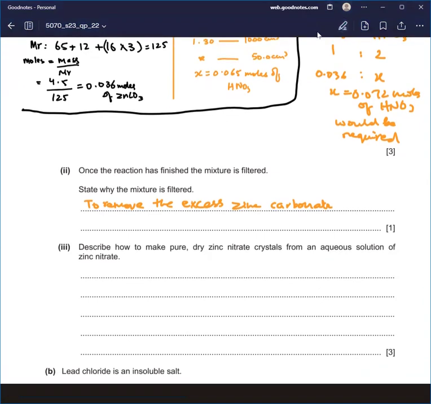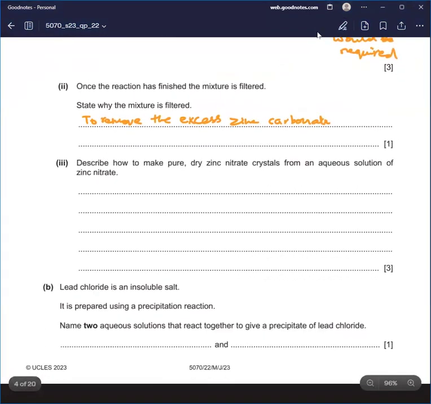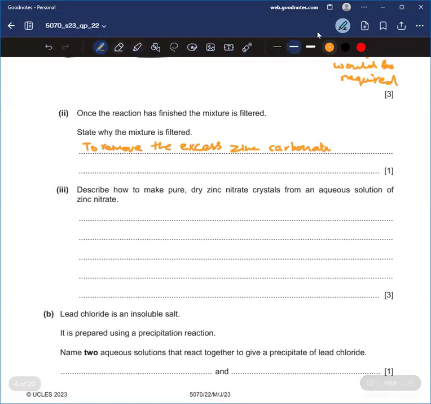All right, let's move towards the next part. Describe how to make pure dry zinc nitrate crystals from an aqueous solution of zinc nitrate. It's pretty simple if you know the steps.